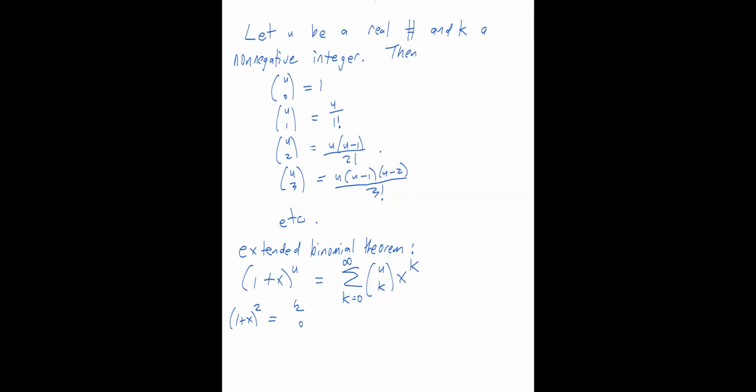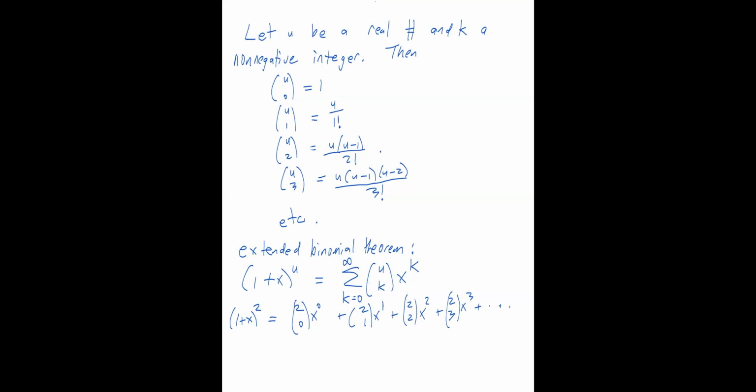And what's the value of k at the bottom of the sequence? 0. So it'd be 2 choose 0, x to the 0, plus 2 choose 1, x to the 1, plus 2 choose 2, x to the 2, plus 2 choose 3, x to the 3, and it'd go to infinity, right? Now that does go back to college algebra. From college algebra, who remembers the formula for a plus b squared?